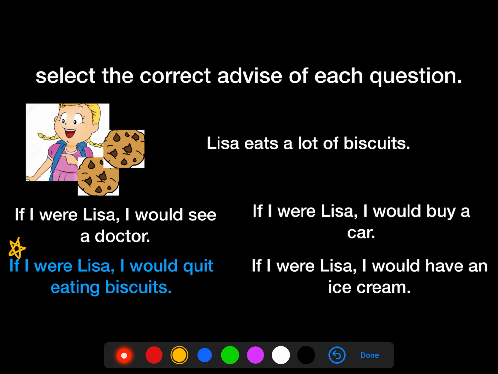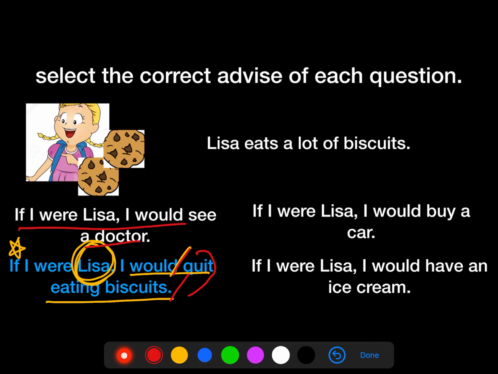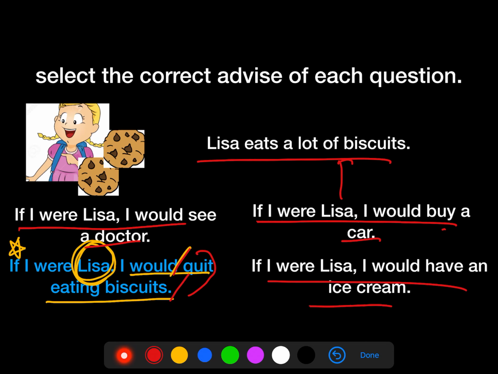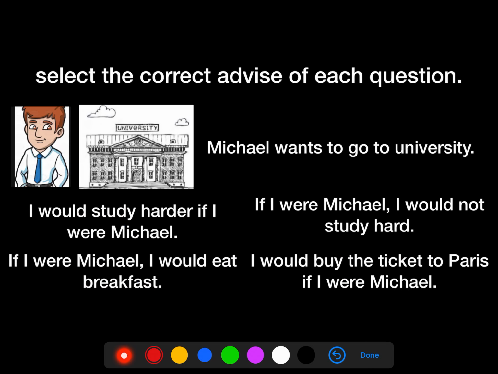So we say, if I were Lisa, the person who is listening, who is talking with you, and you give advice, I would quit eating biscuits. So this is the advice, right? Good. The rest of the advice is a bit irrelevant to this problem. Okay, next one.